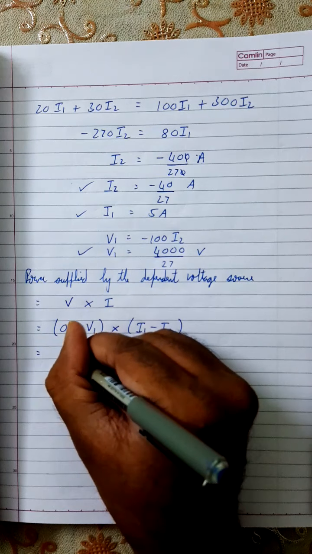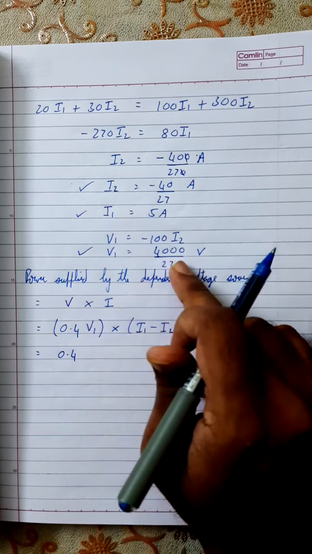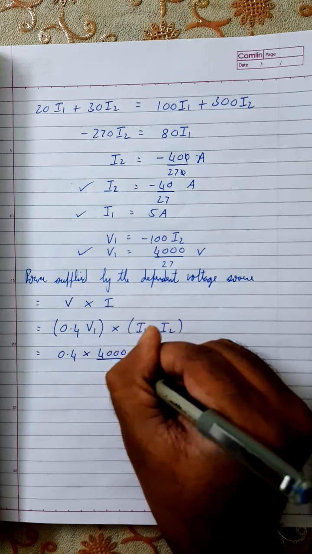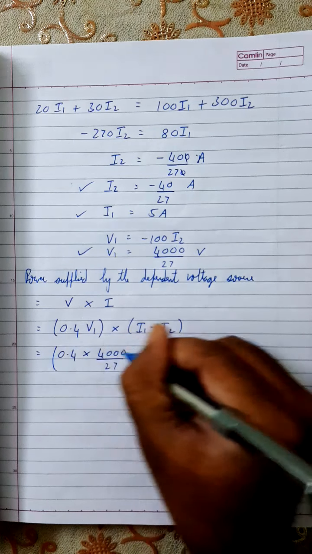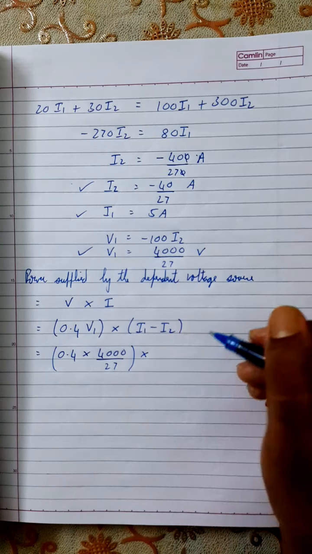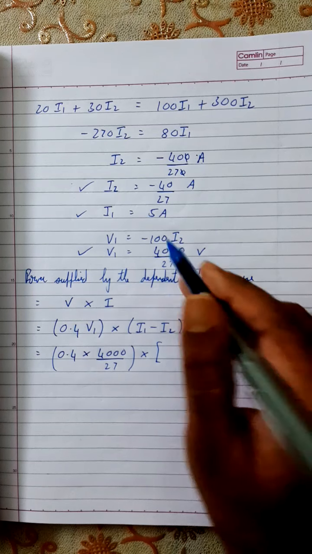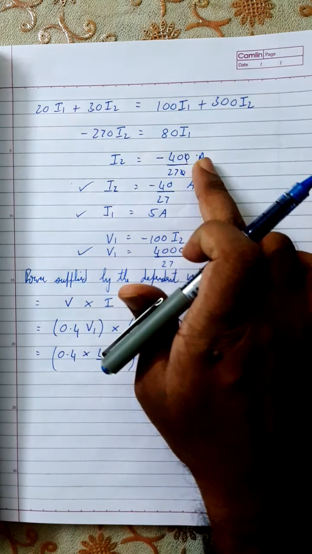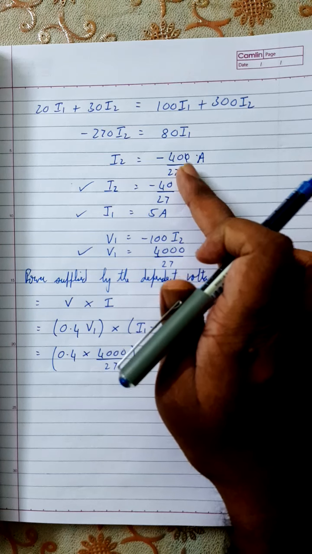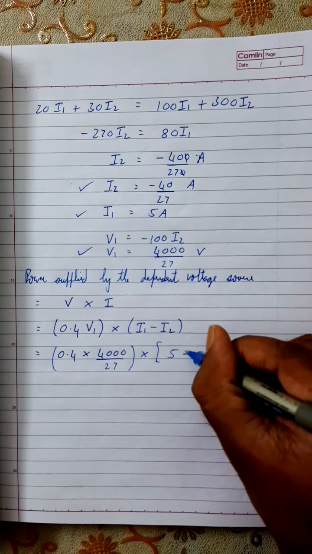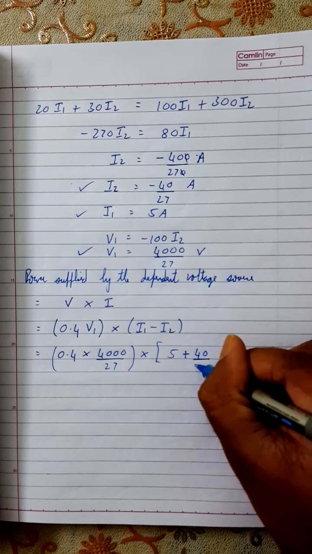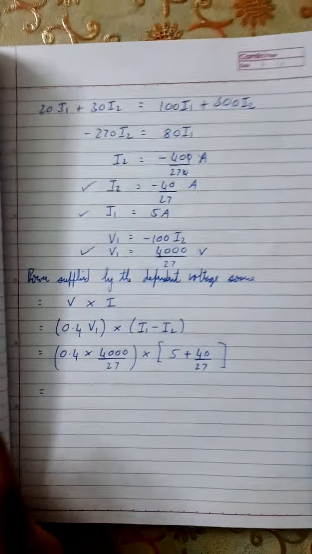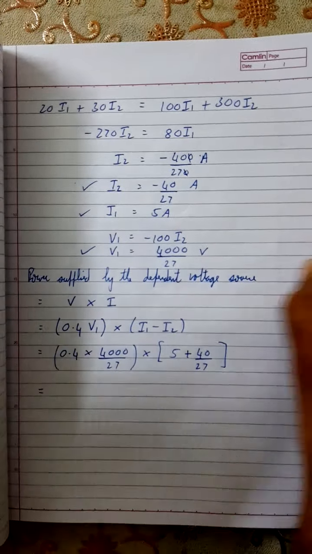So this is nothing but 0.4 into V1, which is 4000 by 27, into I1, which is 5, minus I2, which is minus 40 by 27. Minus of minus is plus, which means it is plus 40 by 27. This is the equation of power.